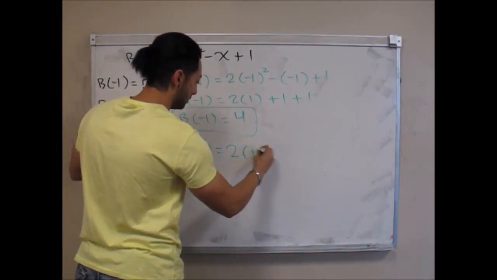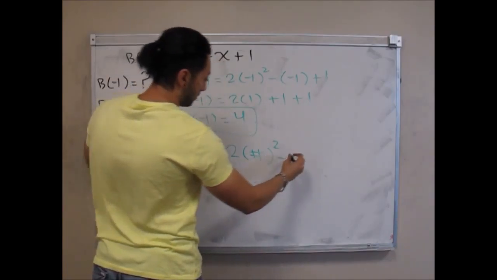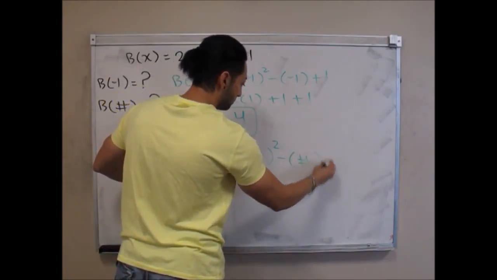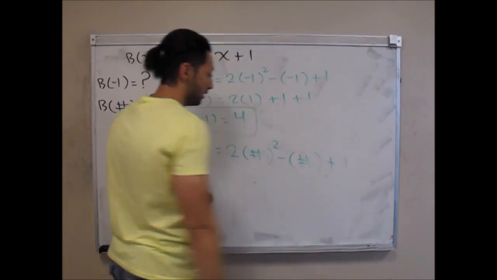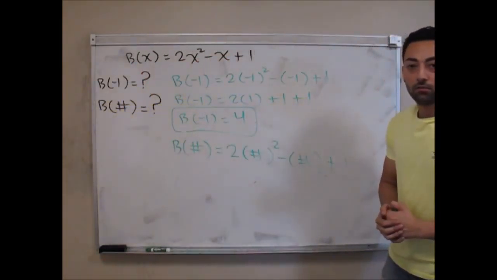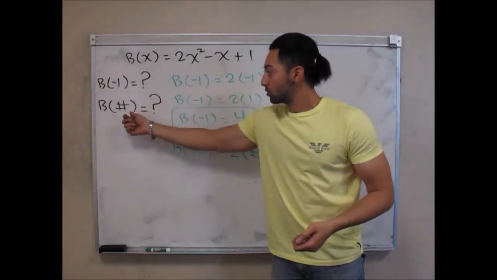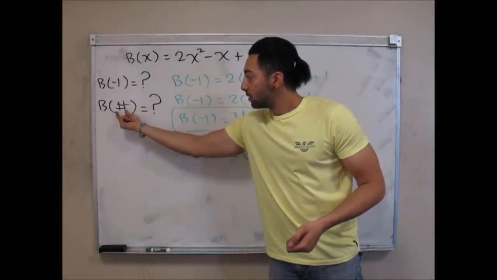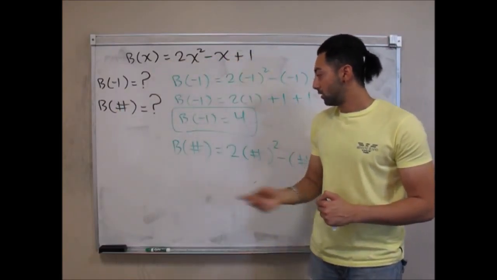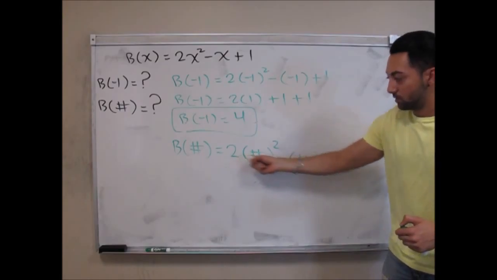So it's going to be the symbol squared minus, here's another x, so I'm going to replace that also with that symbol, and then plus 1. The point of this example was not to actually solve it, because you can't really solve this out. It was just to get used to the function notation and how we're just going to replace whatever is in here with the variables we have on the right side. So b of the symbol would just equal this whole string of messy stuff on the right.